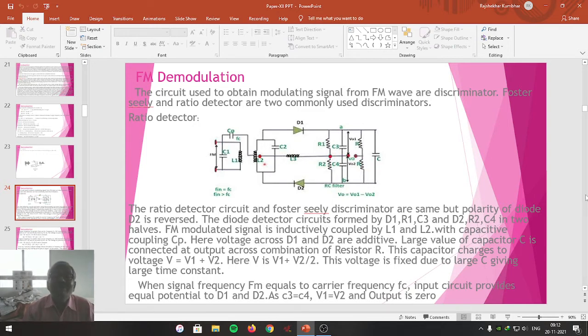As we have studied, there are two types of analog modulation: one is amplitude modulation and the second one is frequency modulation. We have studied the demodulation technique used for AM stations, and today we are going to discuss the demodulation technique that is used for FM stations.